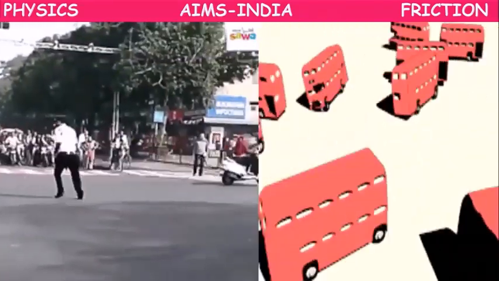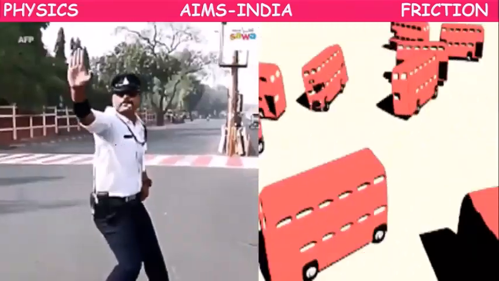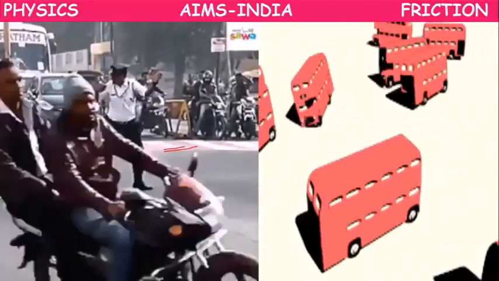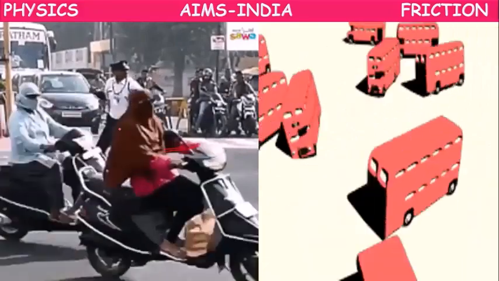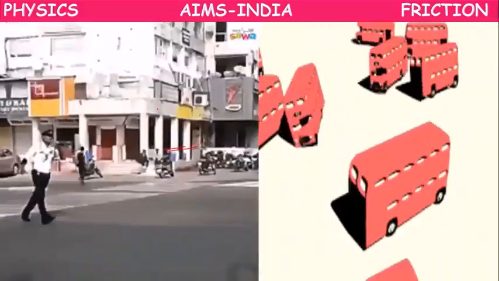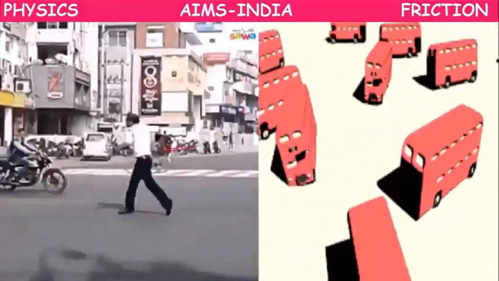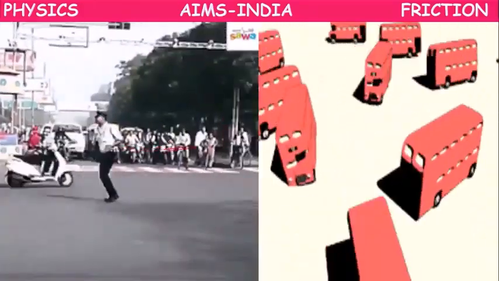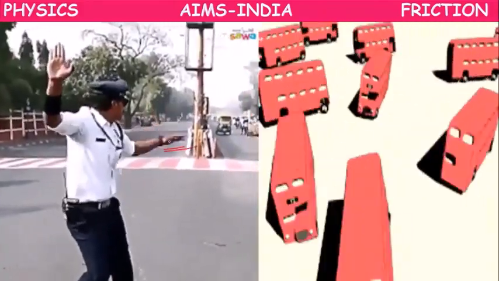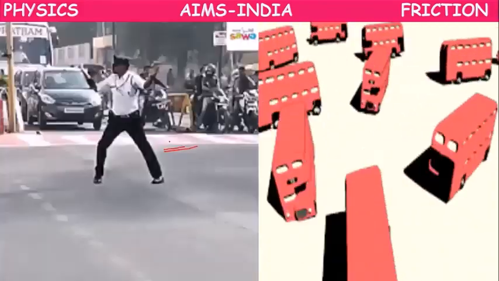Until when will it stay in that position? If the traffic signal shows red light, we will stop our vehicle. If the orange light comes, we will keep our vehicle ready. If the green light comes, we will start moving.